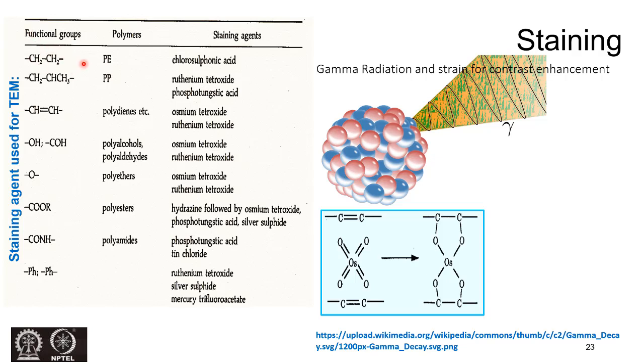So suppose we have a polymer, polyethylene, for that the staining agent can be chlorosulfonic acid, and since we have a normal aliphatic chain of carbons in this case, it will react with it, and then we will get a proper signal out of it. That is how the contrast can be enhanced by staining the material with a particular agent.